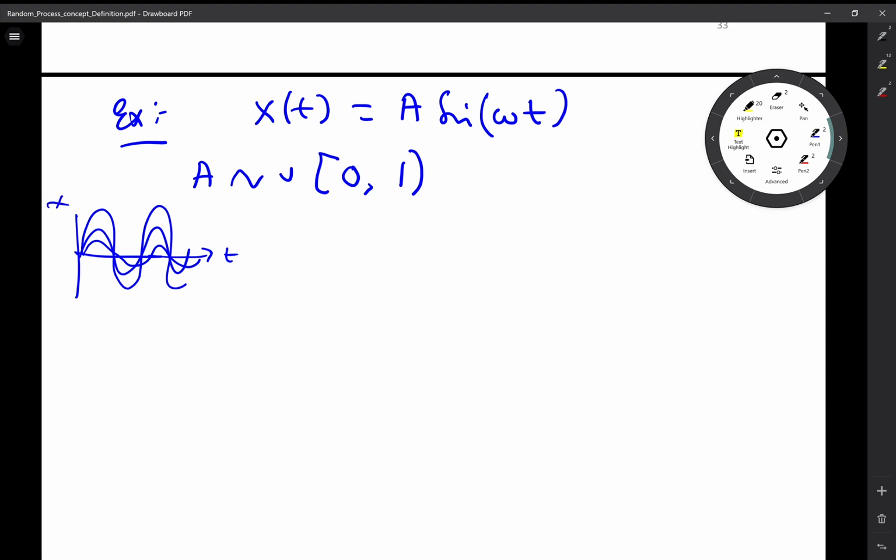So then what will be? We have to take the average over the time. So let's say what it will be. Let's say expectation, mu x.